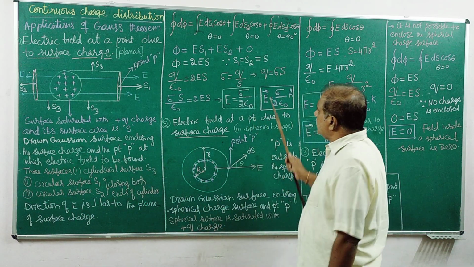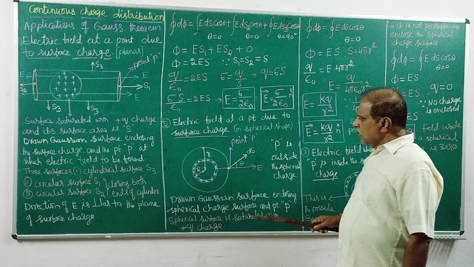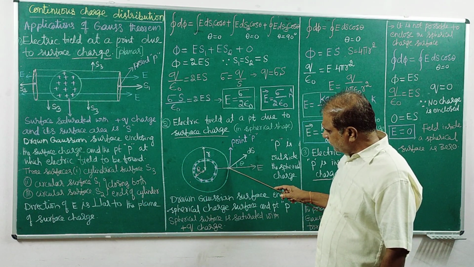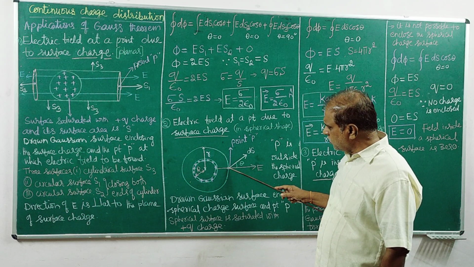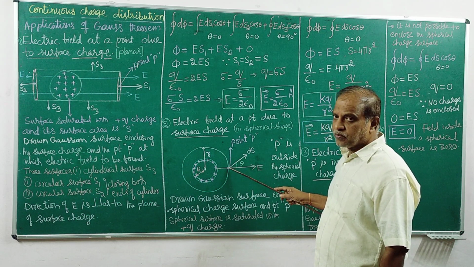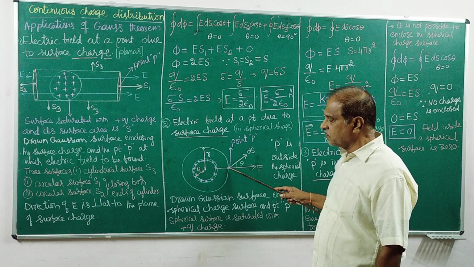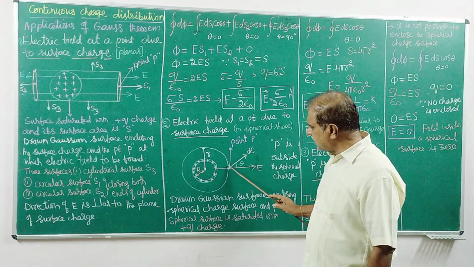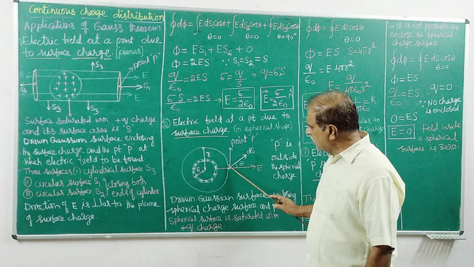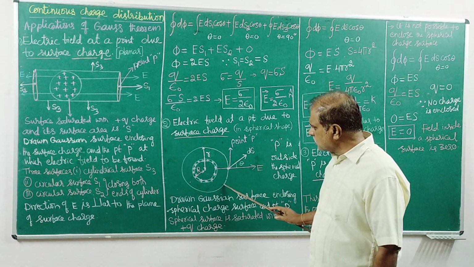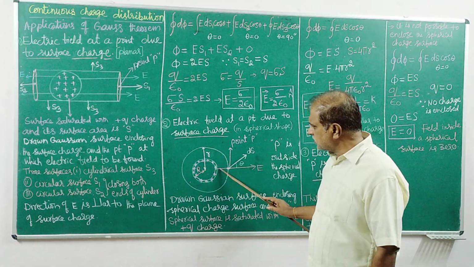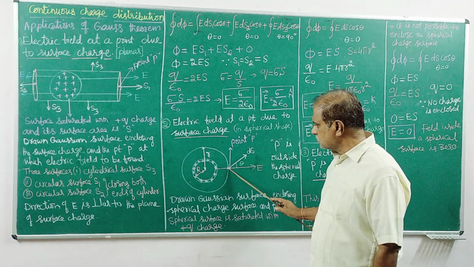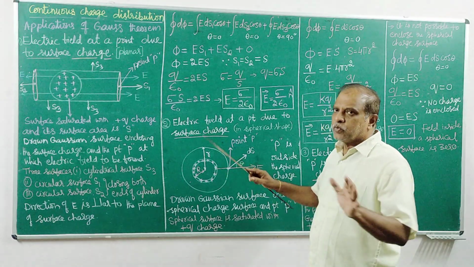So let us go for the derivation of E. If you take the point here outside the spherical shape, then again you have to think about the possible geometrical shape of the Gaussian surface we can draw about this set, so that the Gaussian surface completely encloses these charges and also contains this point. That is the diagram we need to draw.